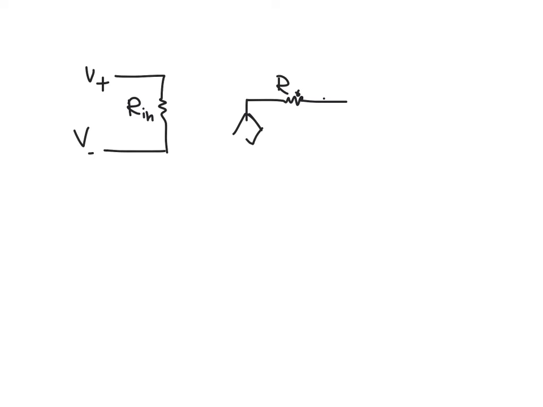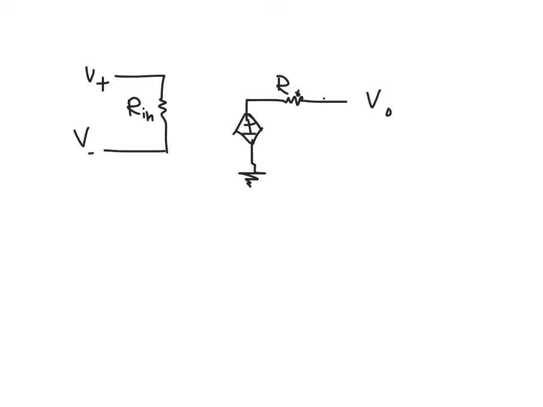To wrap up these few things in our video, we have a model for this operational amplifier: V plus, V minus, and this resistance Rn. On the other side you have the output resistance and a voltage controlled voltage source.